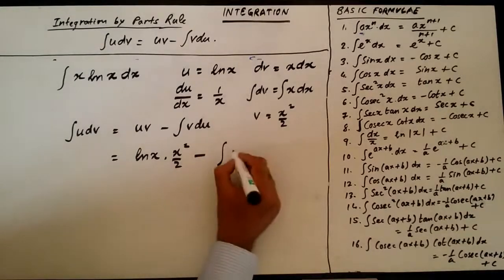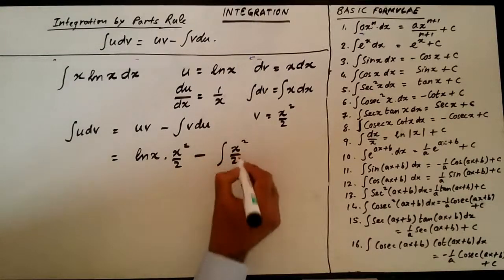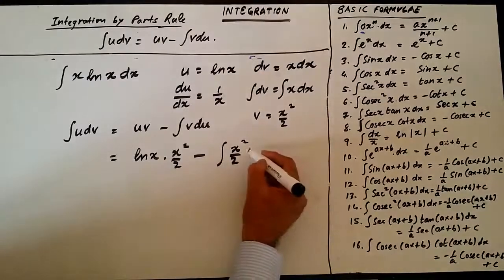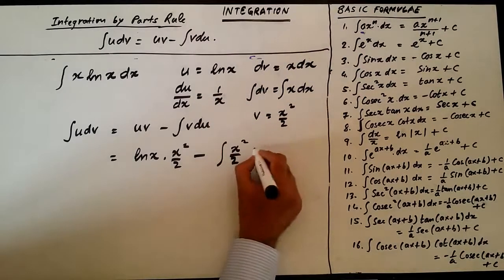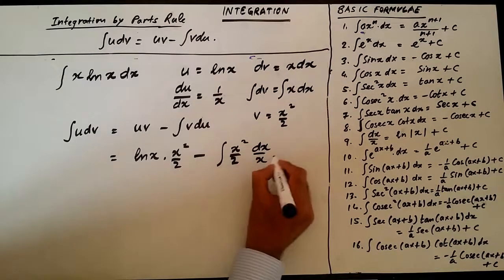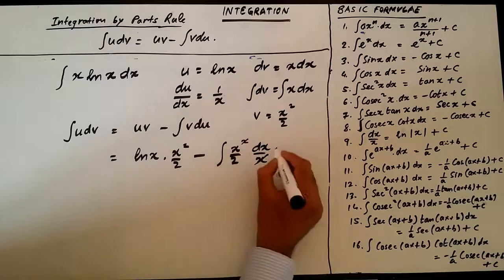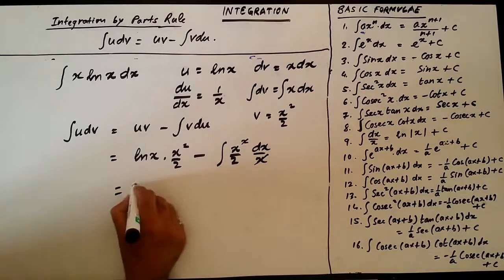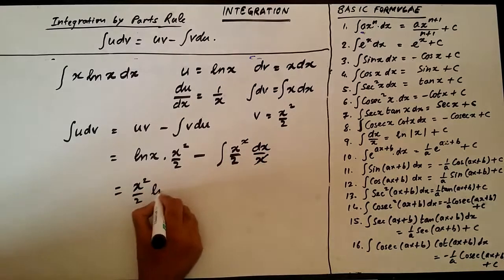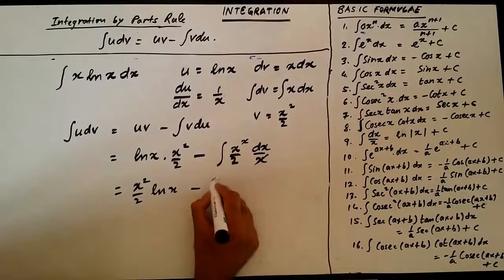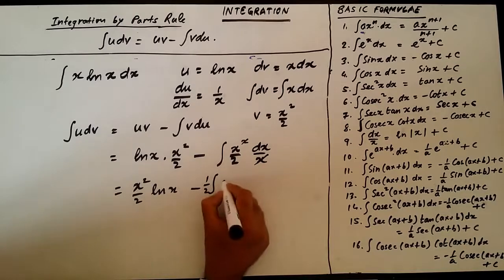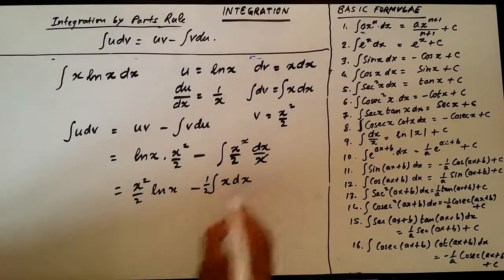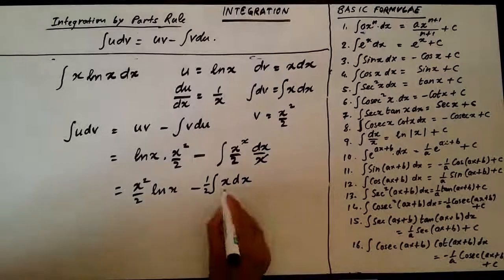Now we go to the second one. So this is equal to x squared by 2, and we know that du is equal to, where is du? du is equal to dx by x. This x and this x get cancelled off. So we get x squared by 2 ln of x minus integration of, since this half is a constant, we can take half outside the brackets and this becomes a simple integration problem, that is x dx.